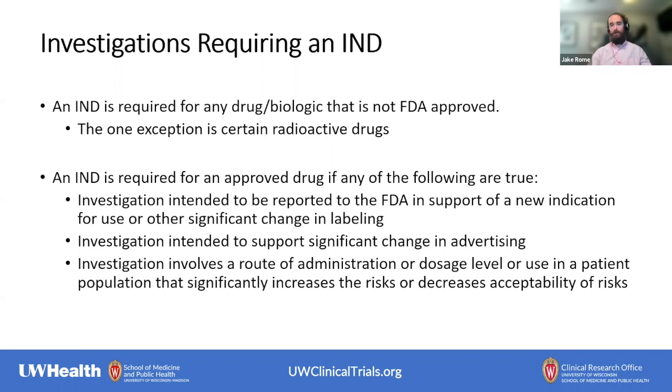So a lot of those studies, a lot of what I'll call off-label use of drugs in similar populations in the same way that they're administered in their indicated populations, end up being exempt from IND requirements. Where you are more likely to require an IND for a study that involves a marketed product is if you're using it in an entirely different population.